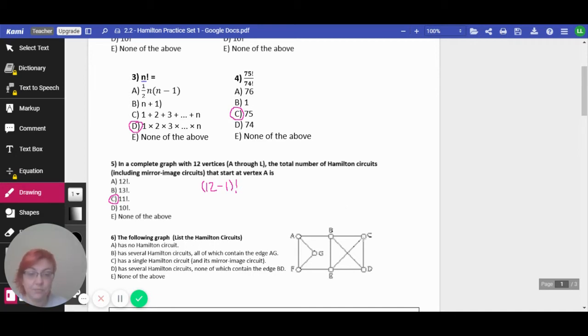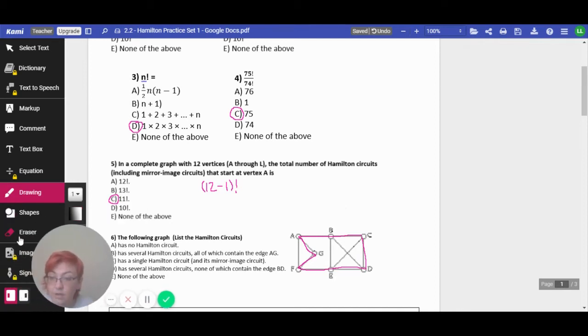Let's see. Just a regular random Hamilton circuit here works. That cannot be the only one. I'm going to see if I can make one that contains BD.